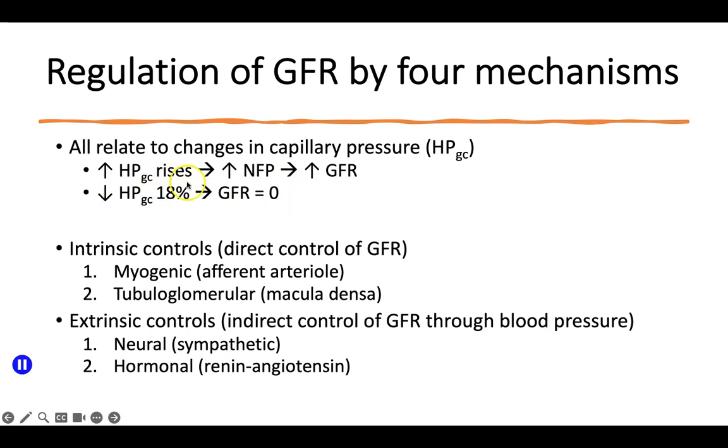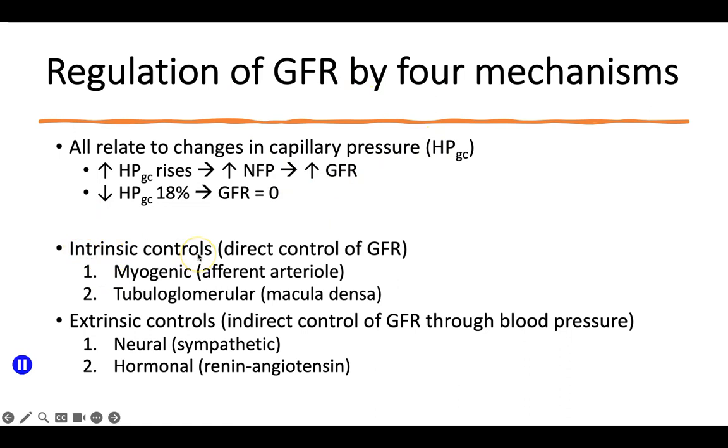Even if that capillary pressure drops by 18%, so less than 20%, you'll see the glomerular filtration rate drop to 0. This is why it's incredibly important to regulate the pressure of the blood in the afferent arteriole, the efferent arteriole, as well as in the glomerulus itself.